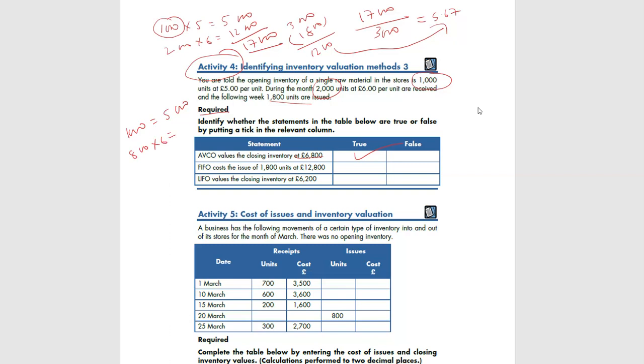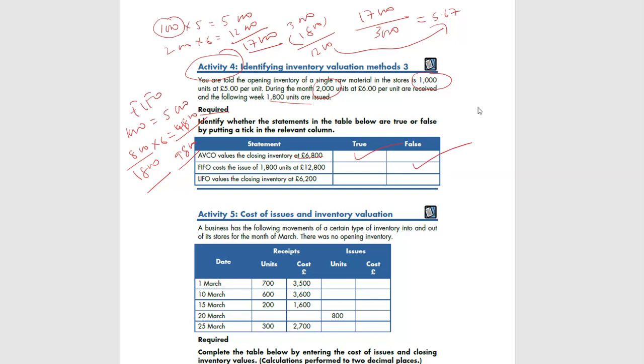So 4,800 plus 5,000 gives me 9,800 for the issue of 1800 units under the Fifo method. That's false, that's not true. It will be 9,800, not 12,800.